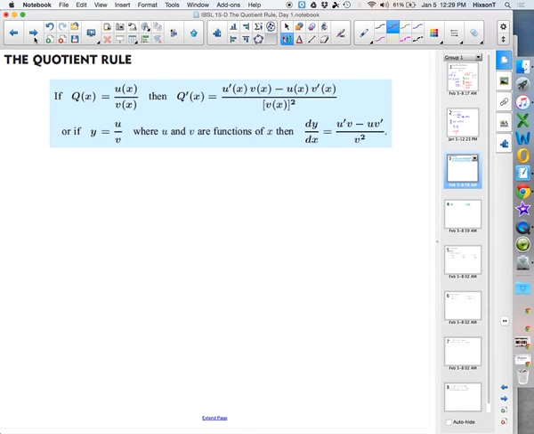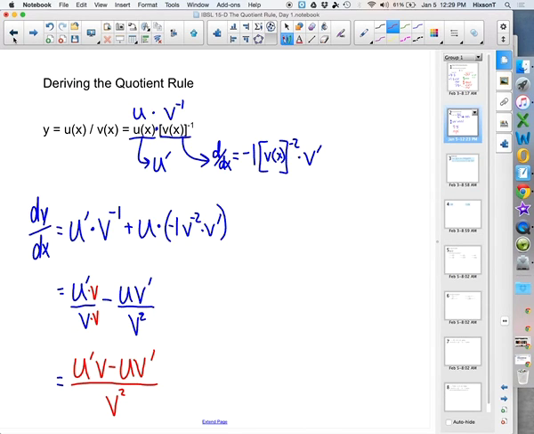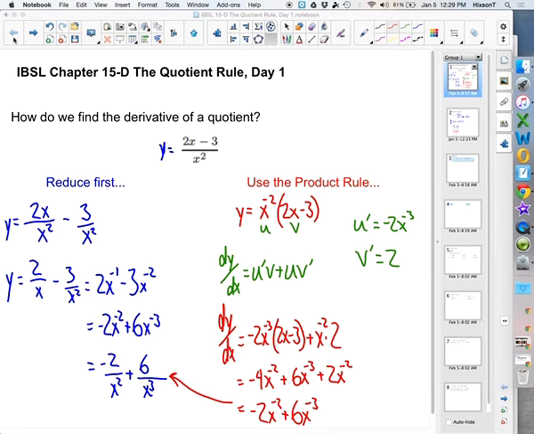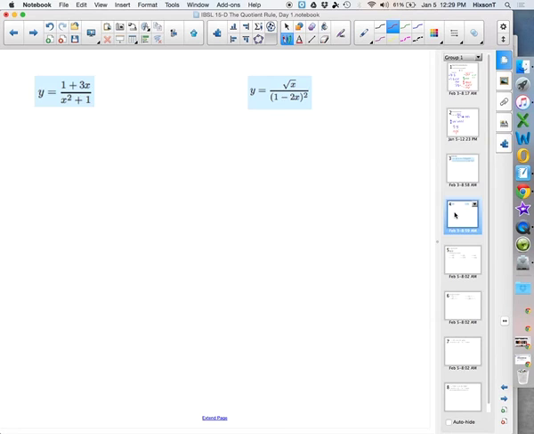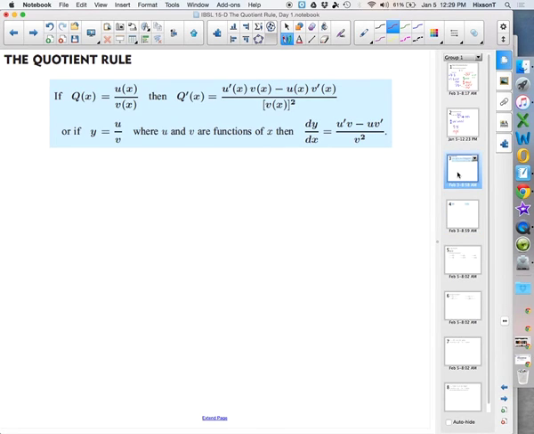So, let's go back and redo this problem: 2x minus 3 over x squared. We'll identify our numerator is always u.